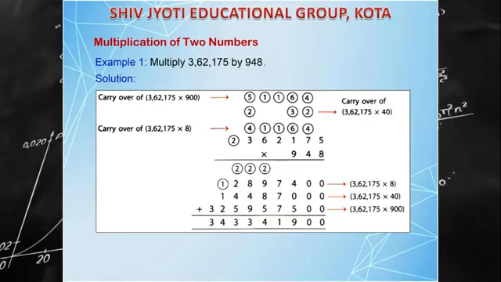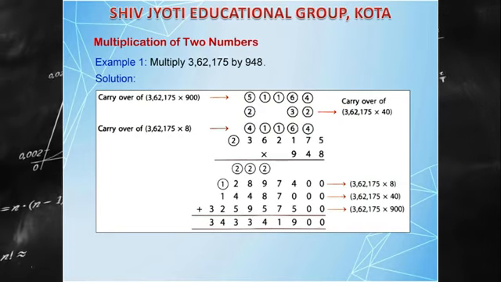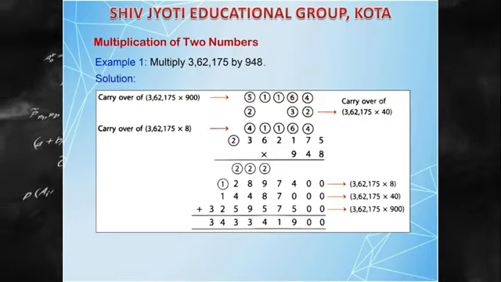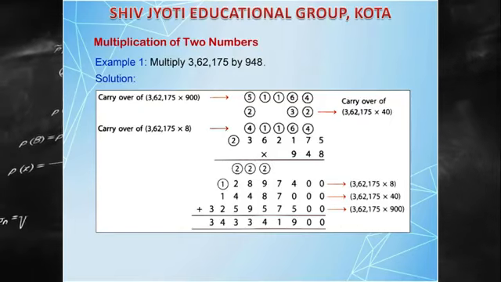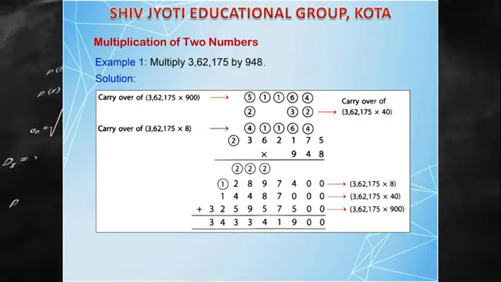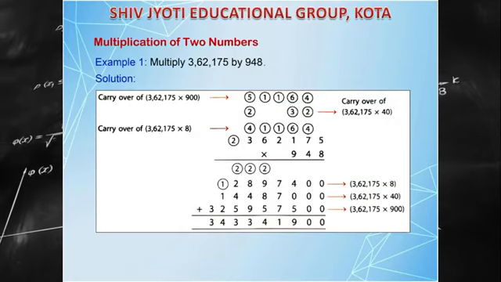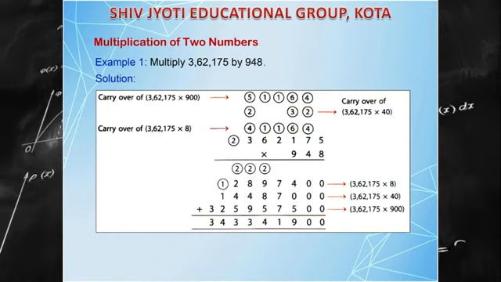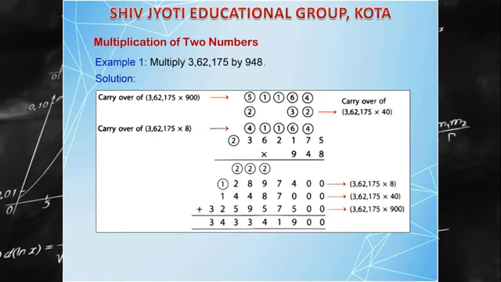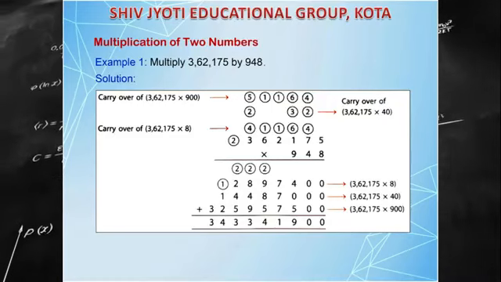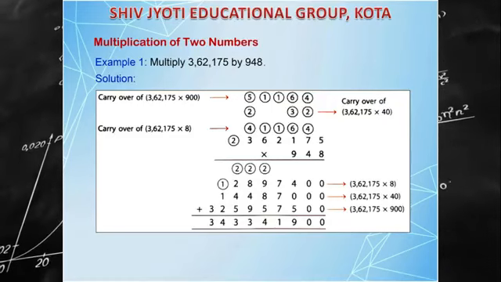So 7 is written here and 5 goes in the carryover. Now 8 multiplied by 3 is 24 and plus 4 equals to 28. So 3,62,175 multiplied by 8 is 28,97,400.